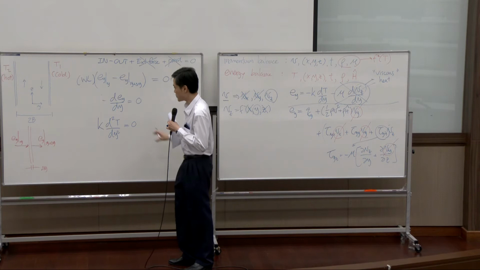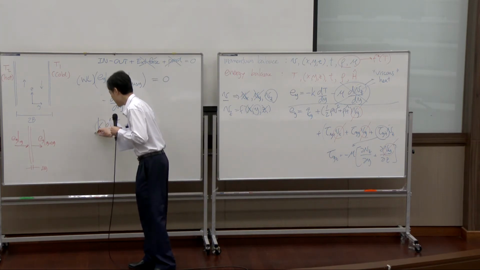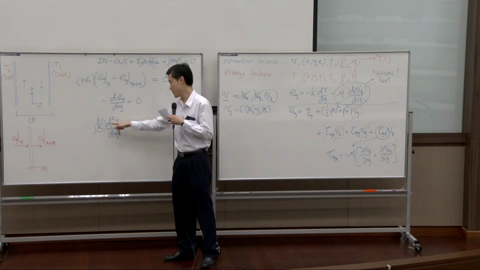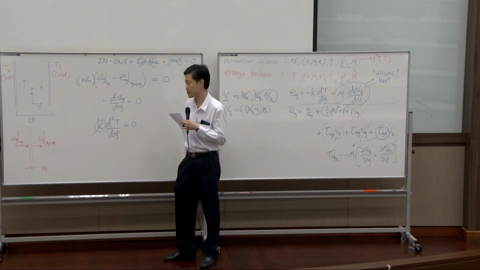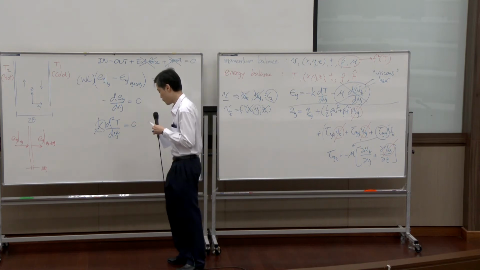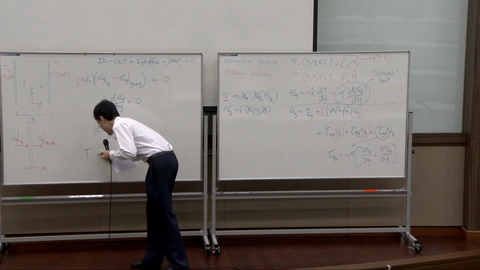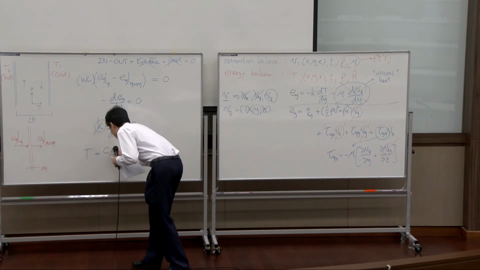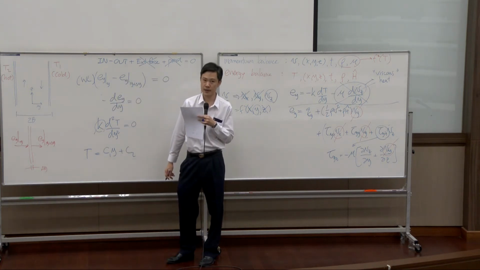If you integrate this twice, the k itself can be eliminated because the right-hand side is 0. Okay? If you integrate it twice, it turns to be a linear equation. T equal to C1y plus C2. Right?